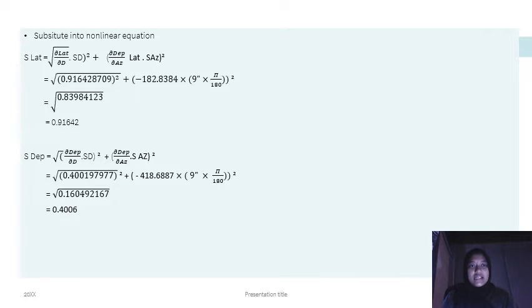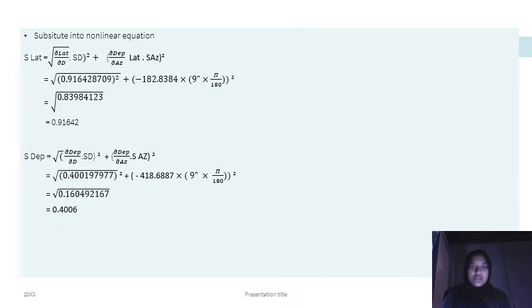Okay, for the answer, it is square root of 0.916428709 squared plus minus 182.8384 multiplied by 9 seconds multiplied by pi per 180, squared. And for the answer, the square root is 0.183984123, and the answer is 0.91642.